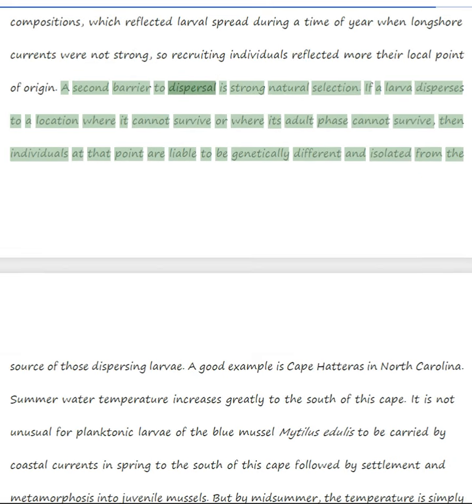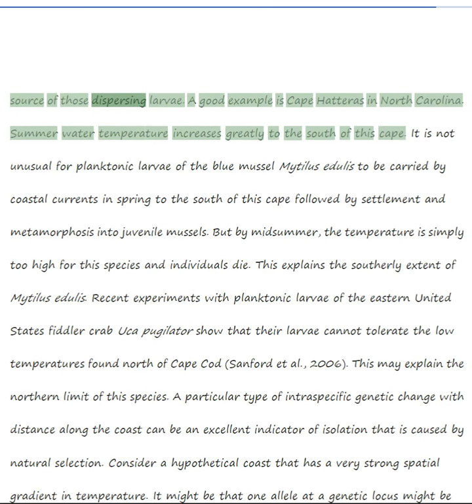A second barrier to dispersal is strong natural selection. If a larva disperses to a location where it cannot survive or where its adult phase cannot survive, then individuals at that point are liable to be genetically different and isolated from the source of those dispersing larvae. A good example is Cape Hatteras in North Carolina. Summer water temperature increases greatly to the south of this cape.